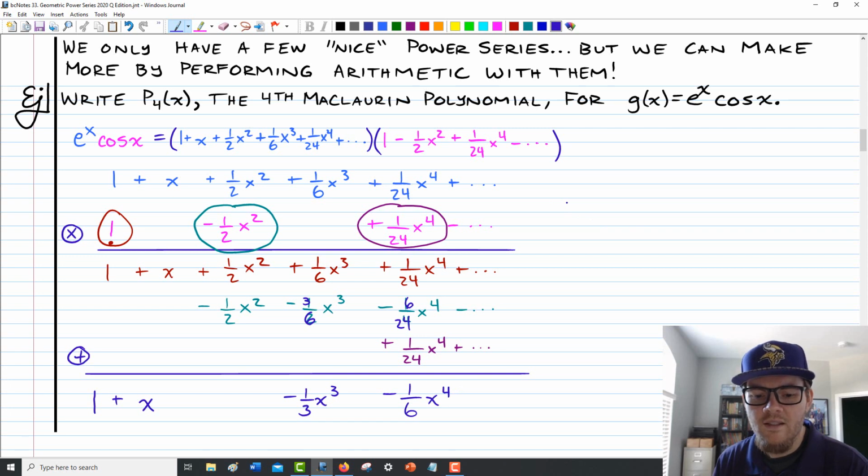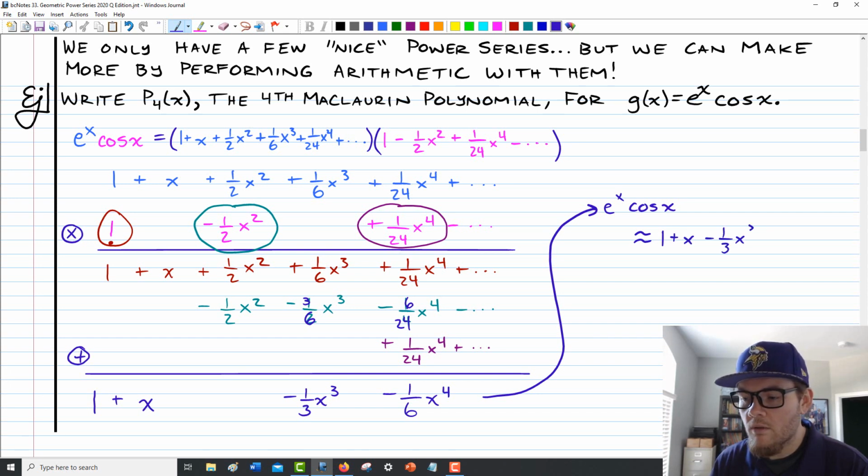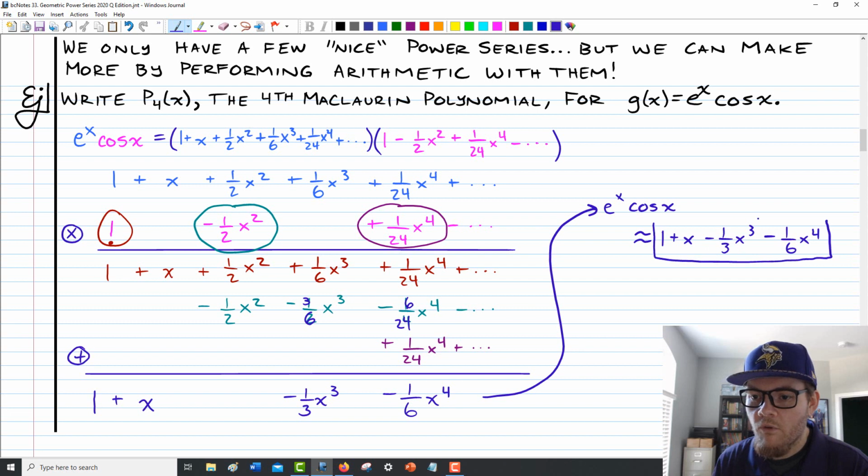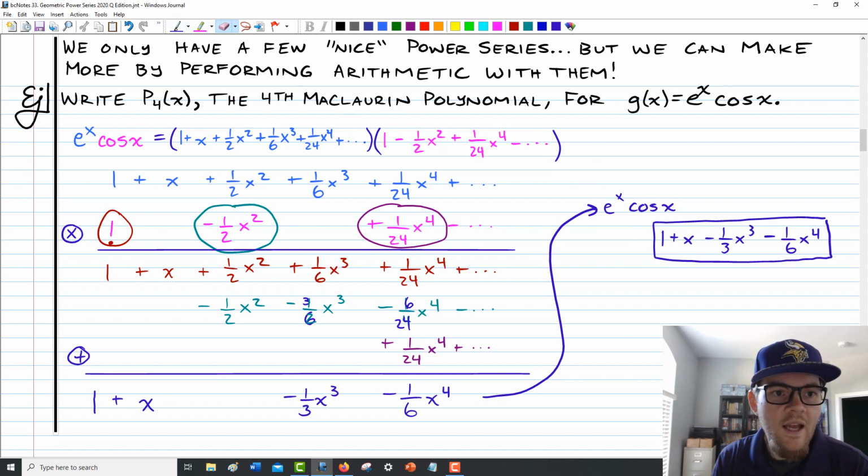So what that tells us is, after doing that work, we can draw our conclusion up here and state that e to the x times cosine of x is going to be approximately equal to 1 plus x minus 1/3 x cubed minus 1/6 x to the fourth. And there is our 4th degree polynomial. So although we said that e to the x cosine of x is approximately equal to it, we could then instead say that this is p sub 4 of x, as requested.